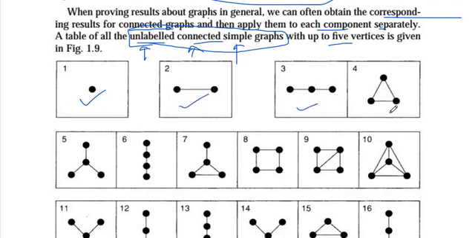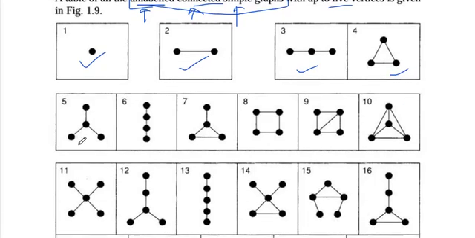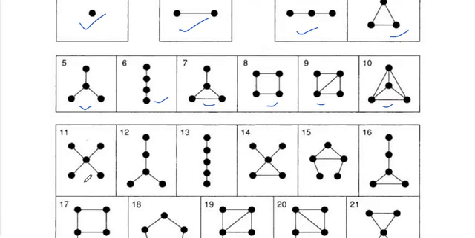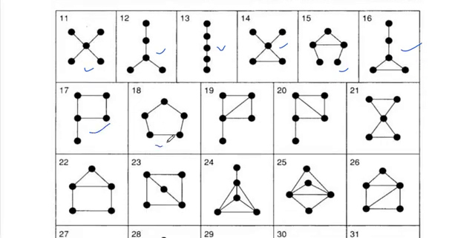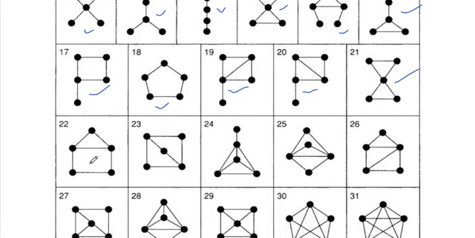For 3 vertices we can make it like this, and for 4 vertices too. So these are the different graphs available for different numbers of unlabeled vertices and different edges. And this again is for 5 vertices, numbers 11, 12, 13, all with 5 vertices and different edges. We can make different graphs.